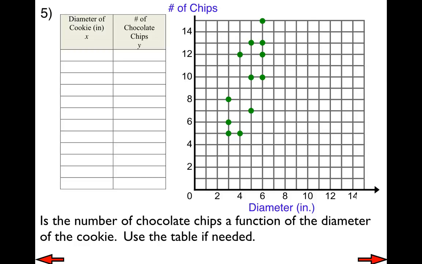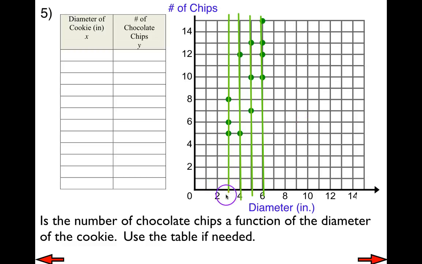I can clearly see from the graph that in multiple areas, one being here, another being here, it definitely does not pass the vertical line test. In fact, it fails every vertical line test in this case. So I would say it's not a function because each input doesn't have exactly one output.